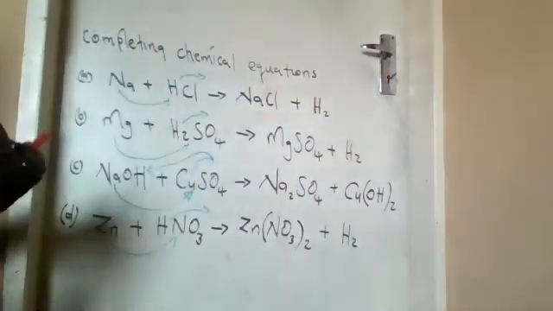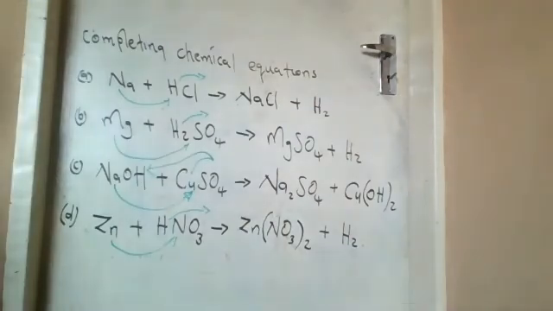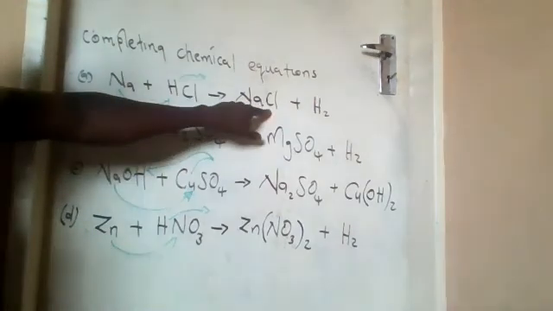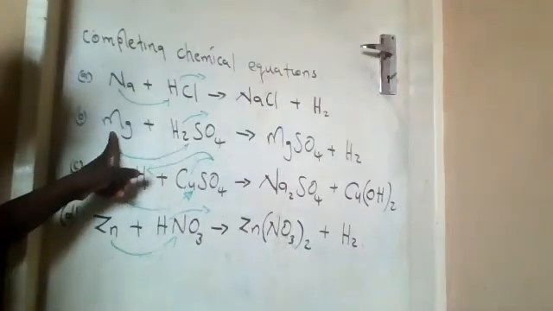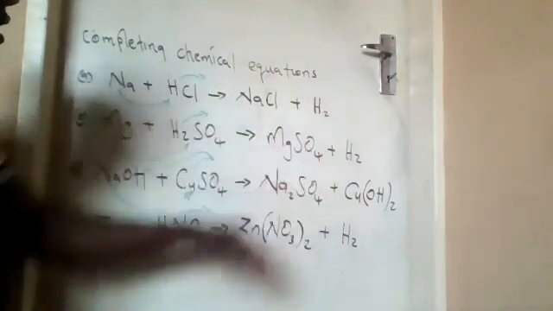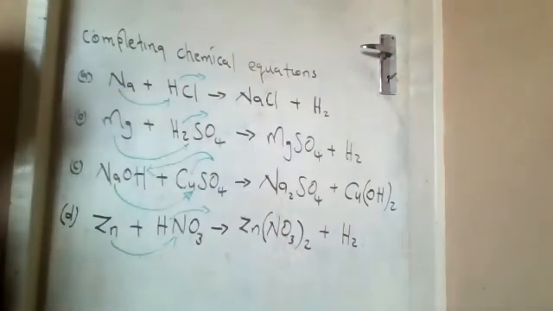So that is how you can complete the equations which have started. So this is sodium hydroxide... sodium plus hydrochloric acid, forming sodium chloride plus the gas hydrogen. And here we have magnesium plus sulfuric acid to form magnesium sulfate plus gas hydrogen, the lightest gas.